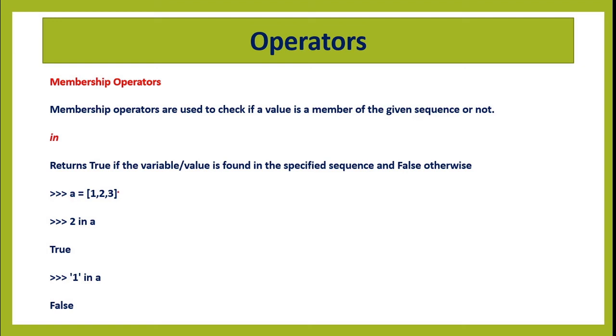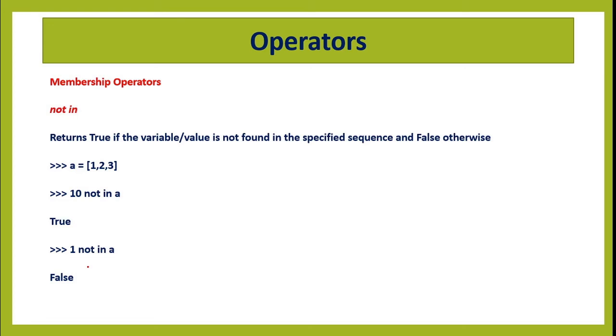A equal to 1, 2, 3. We are checking 2 is the element of A. Yes, it is the element of A. So this one returns true. Then again we are checking string 1 in A. So this one is the number 1. This one is the string 1. Okay, we are checking string 1 in A. No, it is false.